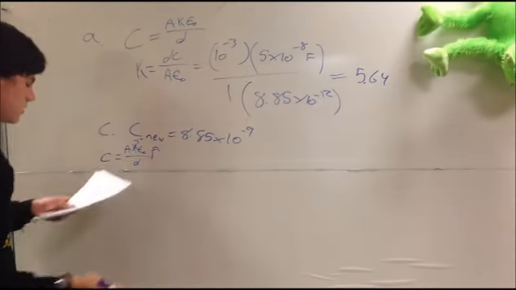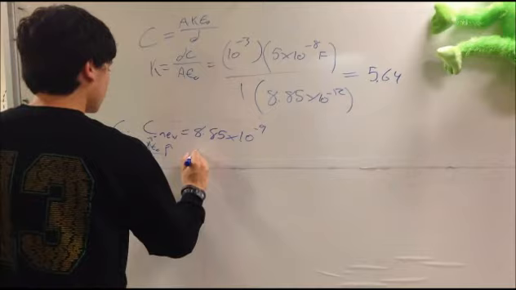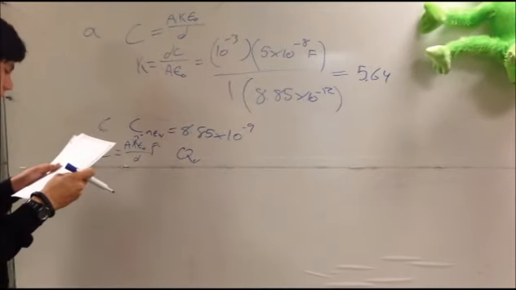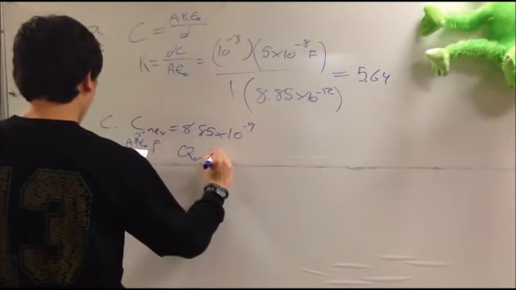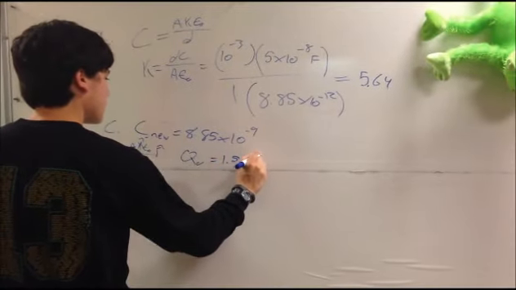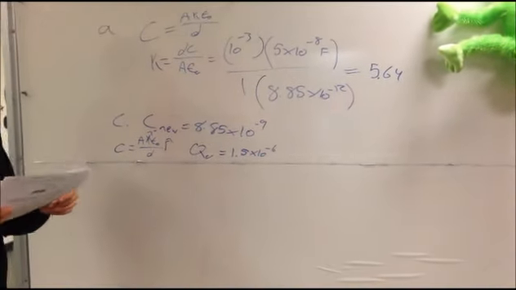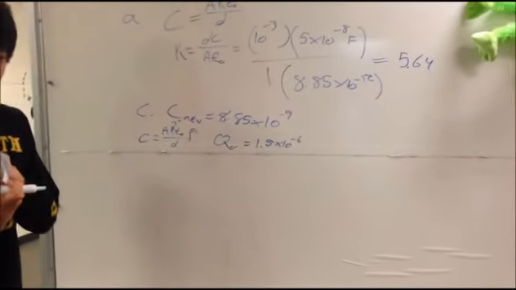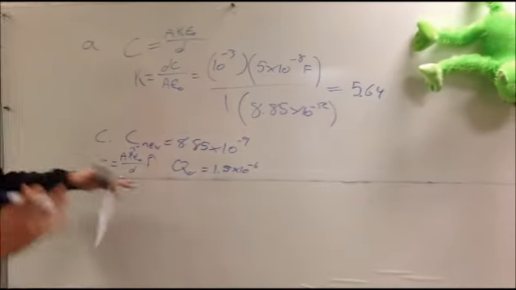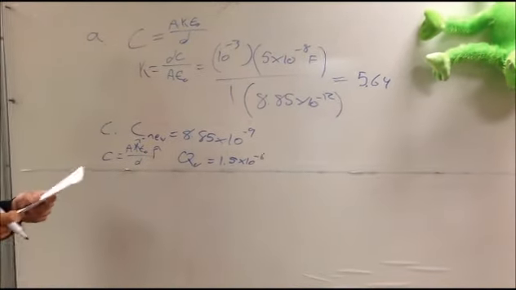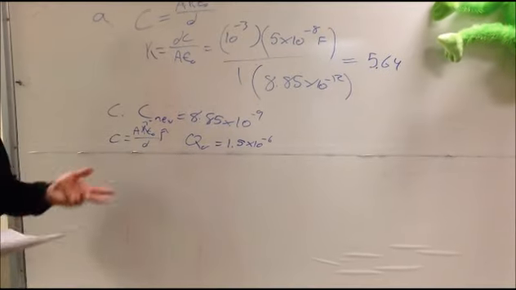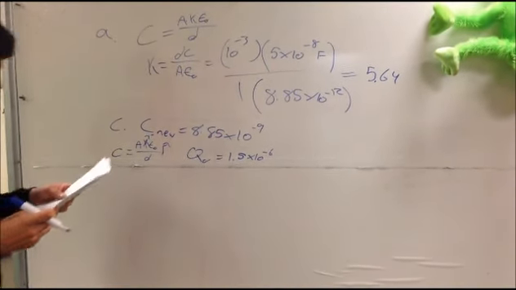And Q is equal to 1.5 times 10 to the negative 6, and that's just something you found in part B, so we're just going to put that in there. It doesn't really have much to do with dielectrics, but you just need it to solve the problem.